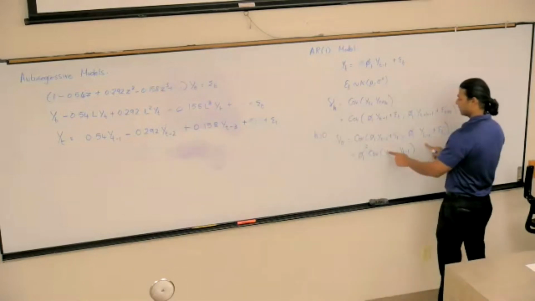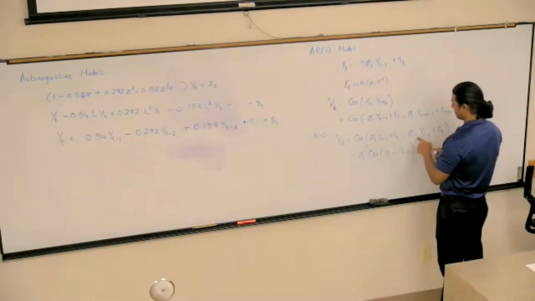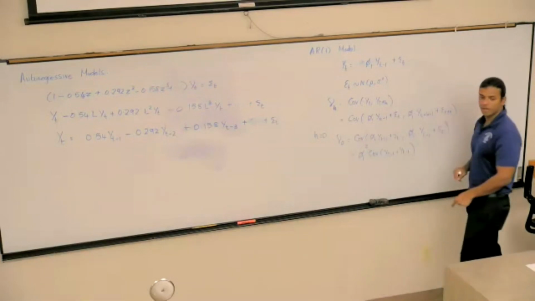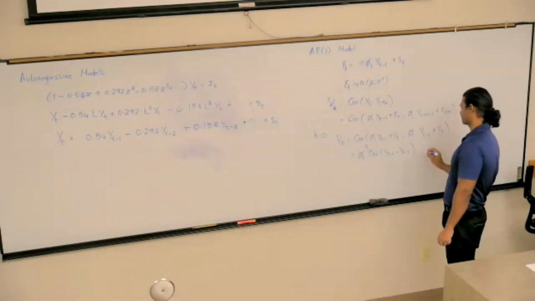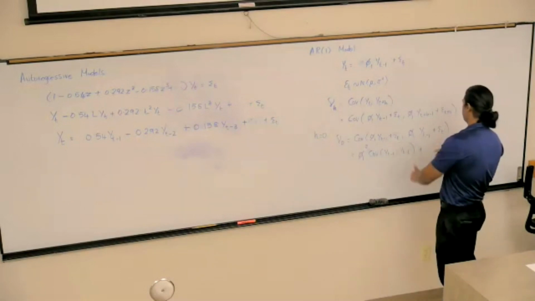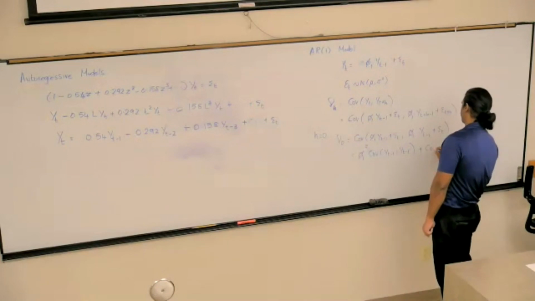I'm pulling out phi 1 from each, so I will have phi 1 squared times the covariance of yt minus 1 with itself, plus the covariance of epsilon t with itself.